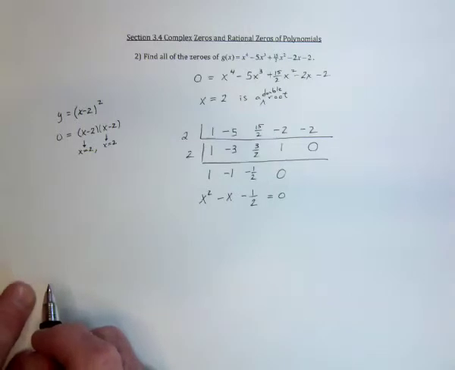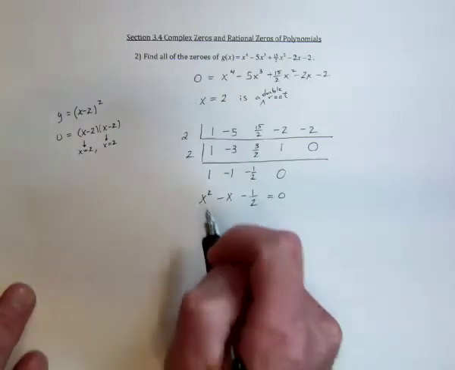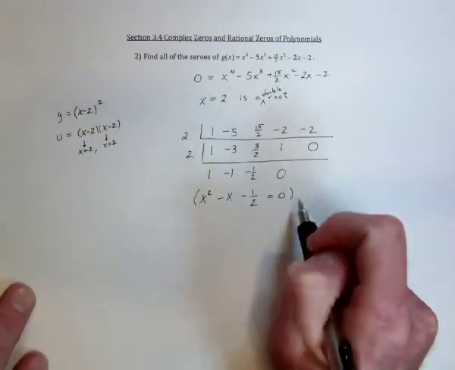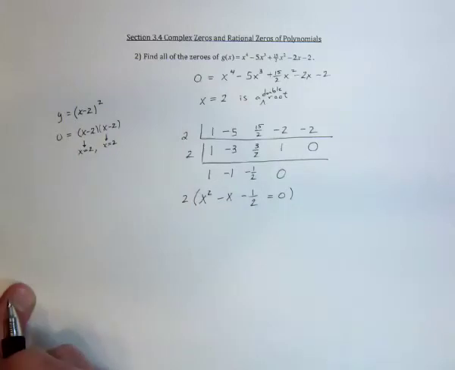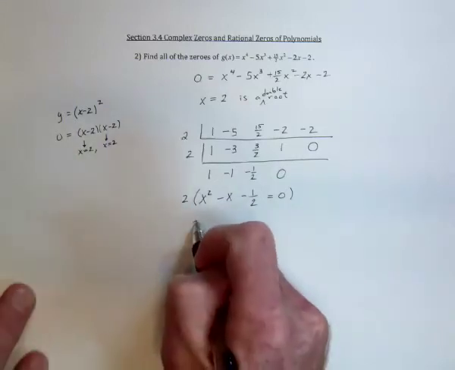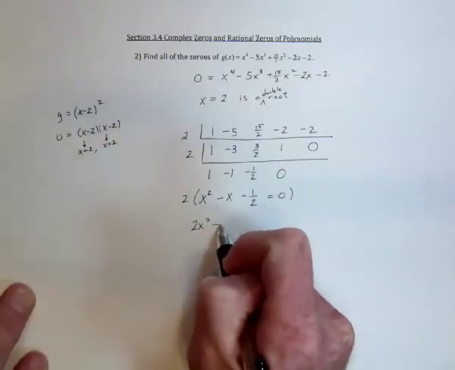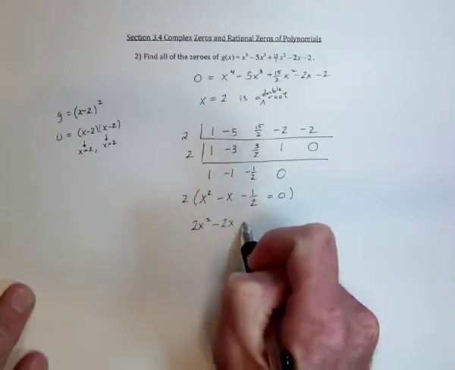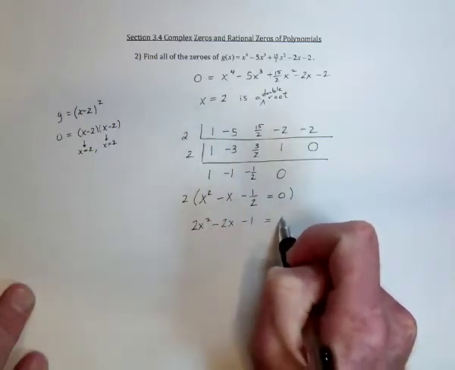Now that we have a quadratic, we can use the quadratic formula. I think rather than using fractions, what I'm going to do is multiply everything by a 2 and clear the fractions. So 2x squared minus 2x minus 1 is still equal to 0.